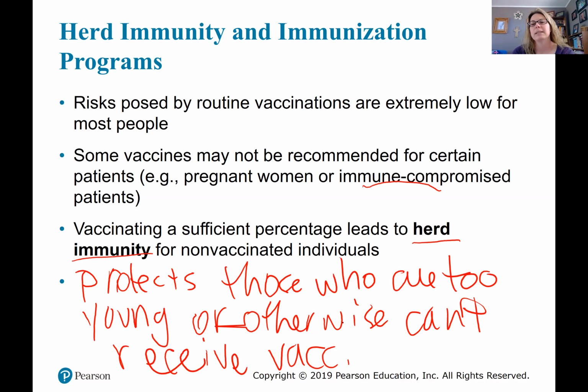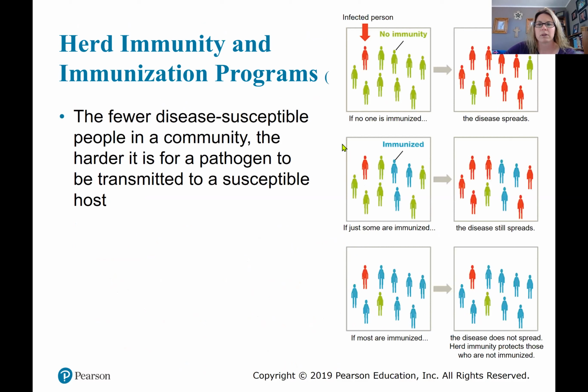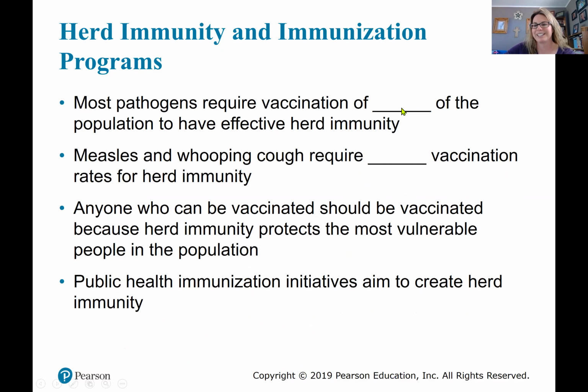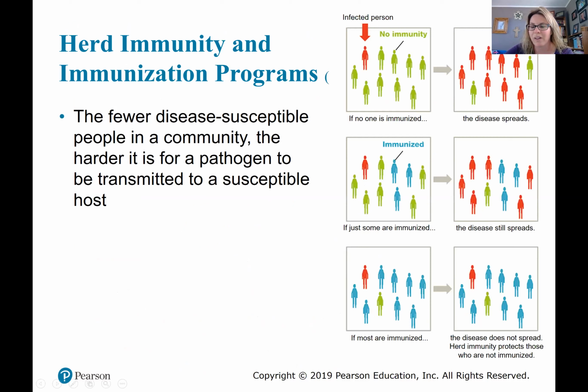Healthcare or daycare workers should get the vaccine as well if they're going to be around young children. Okay, so here's just an illustration of that. So here's one infected person. I'm sure you've seen these with the coronavirus as well. If nobody's immunized, the disease spreads rather quickly, okay?